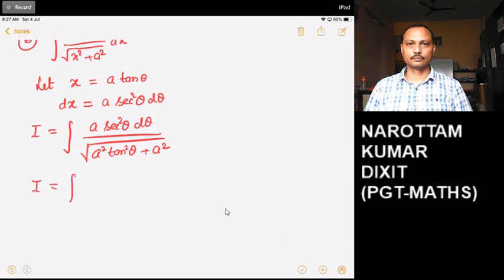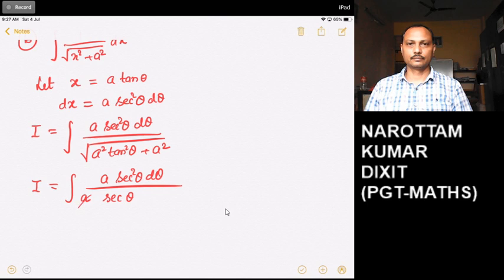Then it will be equal to a sec square theta d theta divided by, here a square is common, and when we take it outside the square root it will become a, and within the square root it is tan square theta plus 1. So tan square theta plus 1 is sec square theta, and the square root of sec square theta is sec theta.